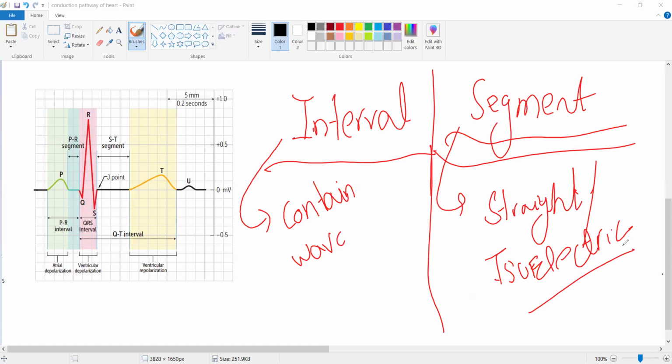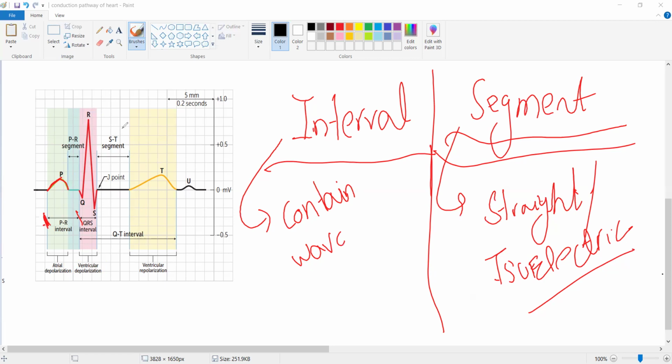Let's suppose this is the PR interval. It contains the P wave. It starts from P and ends at Q. It doesn't include the R wave. Now let's suppose this is the ST segment.